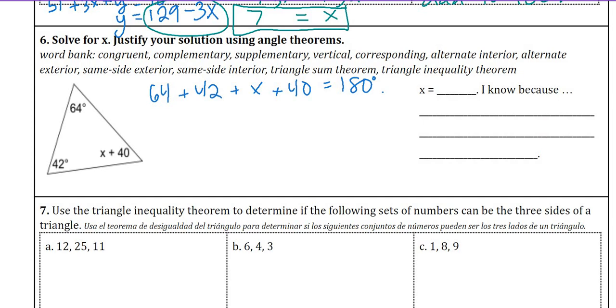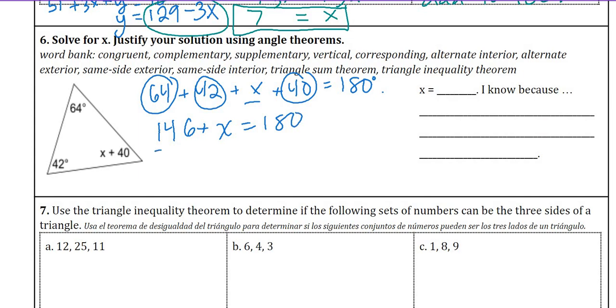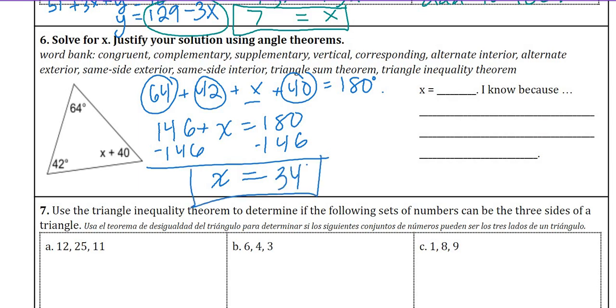Combining like terms, I have 64 plus 42 plus 40, which is 146, and then plus x equals 180. Subtract 146 from both sides. I end up with x is equal to 34 degrees.